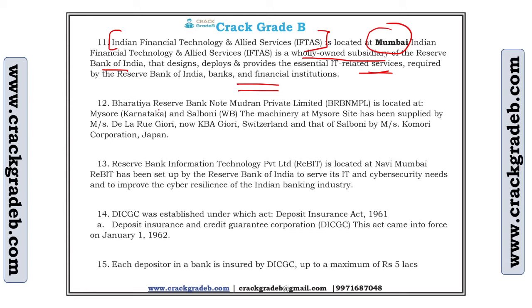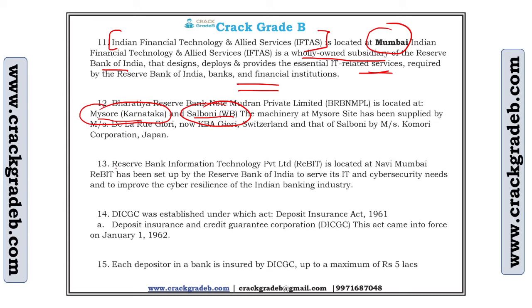Now, Bharatiya Reserve Bank Note Mudran Private Limited is located at Mysore, Karnataka and Salboni, West Bengal. The machinery at the Mysore site has been supplied by, so all these things are not important, right? But where it is located: Mysore, Karnataka, Salboni, West Bengal.